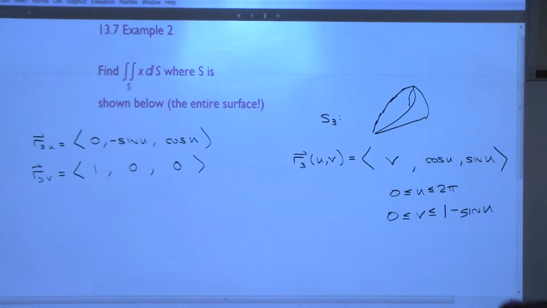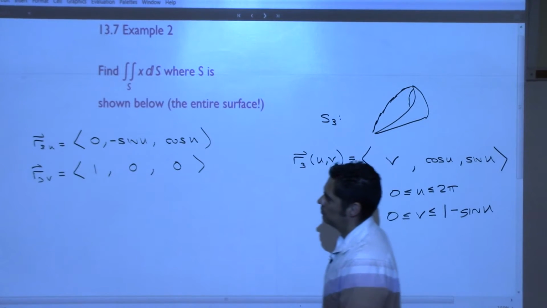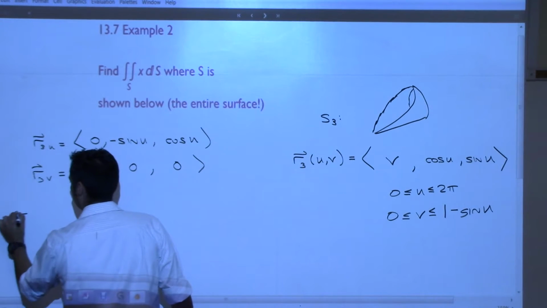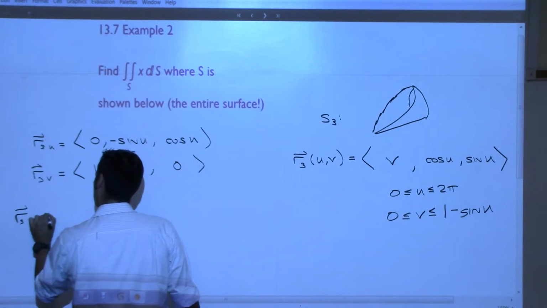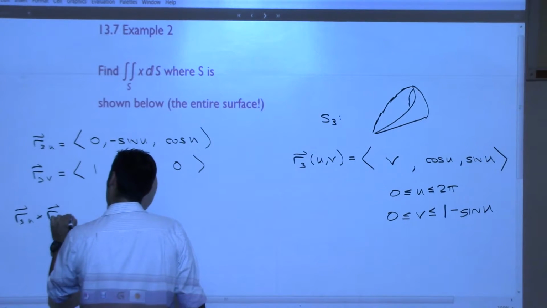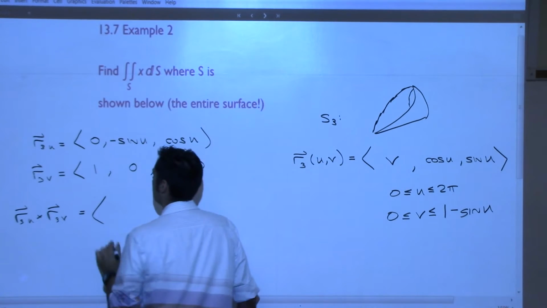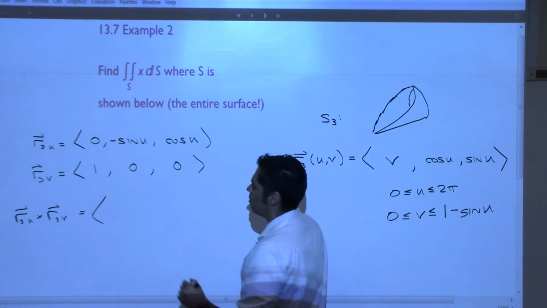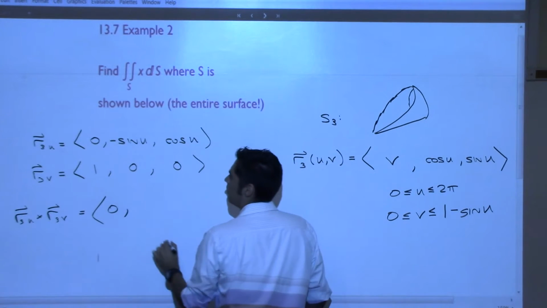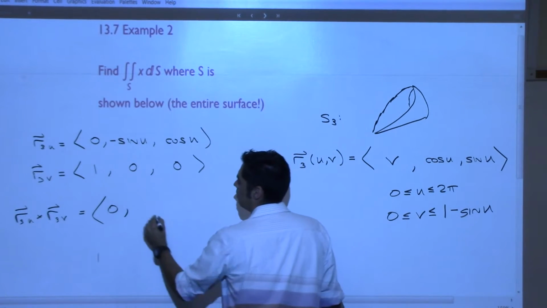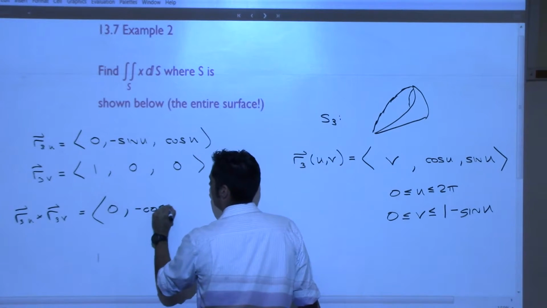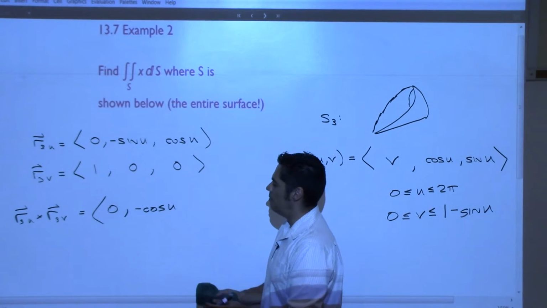And cross them. Zero, negative cosine u. Hold on, I'm just writing down.